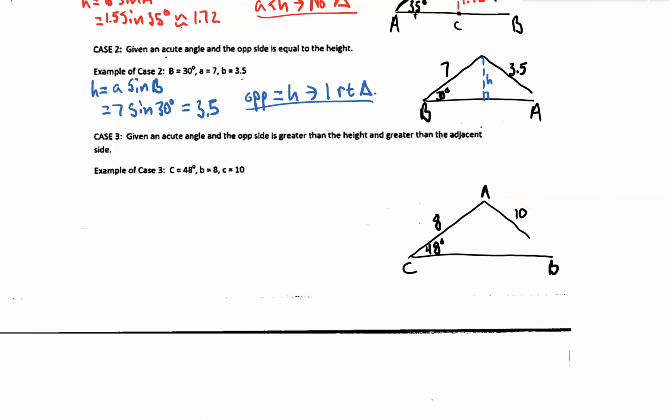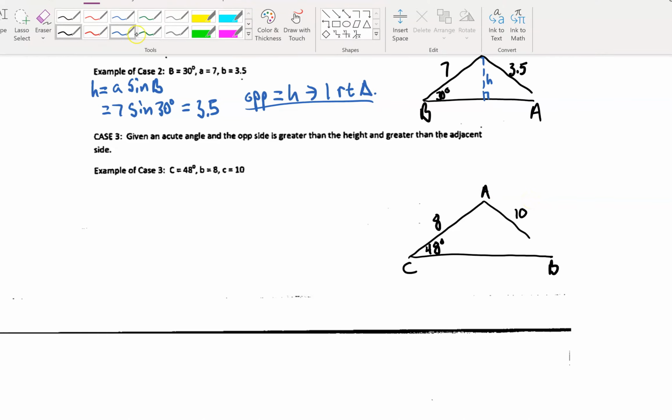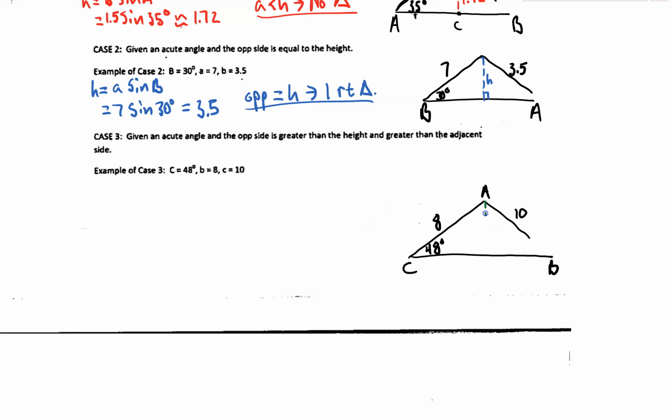And now we are going to drop our height. Here's H. And then we're going to calculate H. Now, H for this one, it's angle C, but it's side B. So this is B sine of angle C. That makes this 8 sine of 48 degrees.